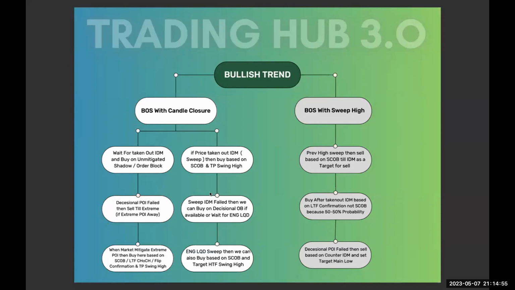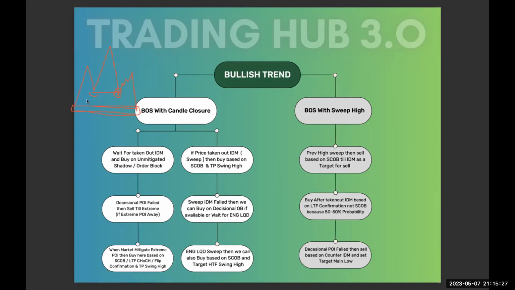Simple. And next one is, if the inducement sweep fails, then where can you buy. If the decisional inducement sweep failed, this one is a sweep here and you are willing to buy here, and this one failed. So where should you buy and sell? You have to buy on your PoI in a higher time frame, because this is an inducement and this is an order block where you can buy here, right?